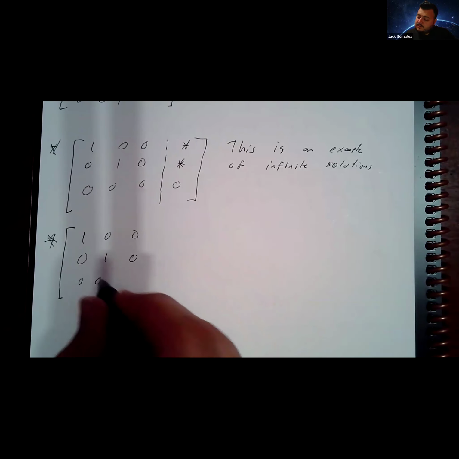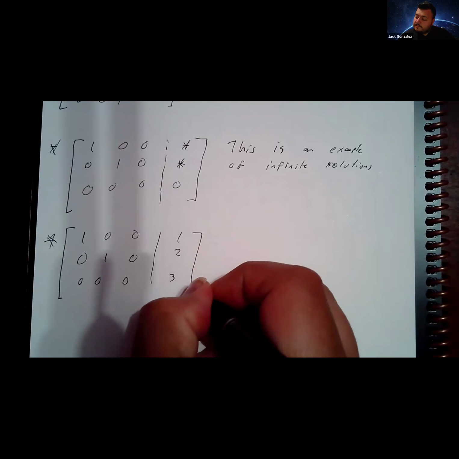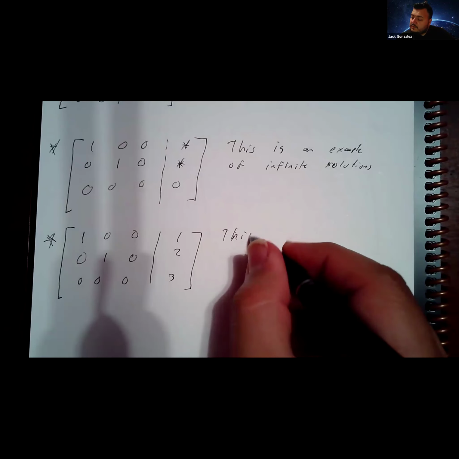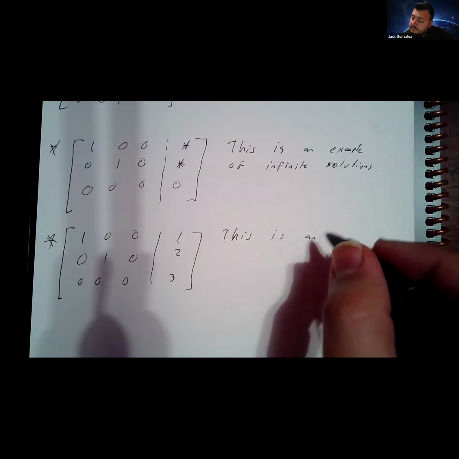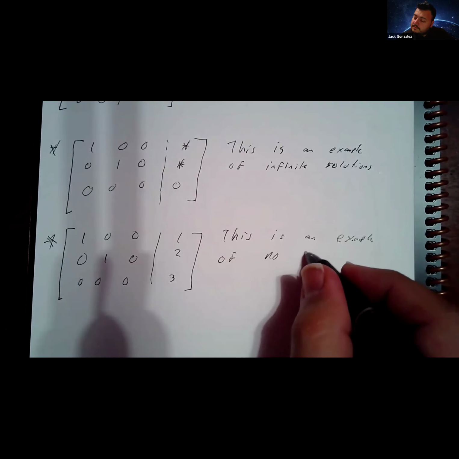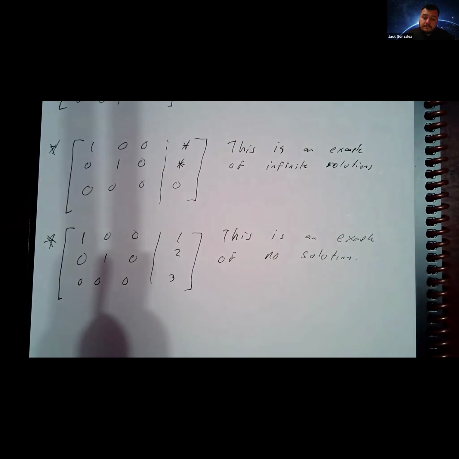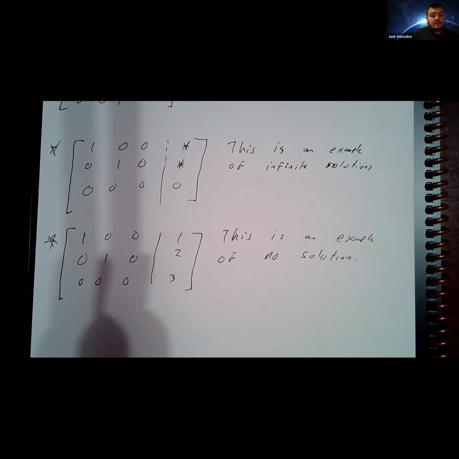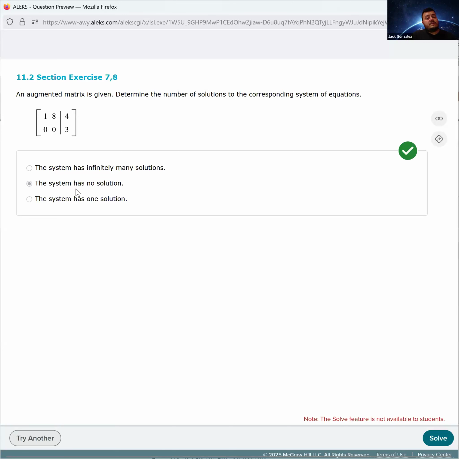Now, if you have zeros and then a number, let's say I have 1, 2, 3 here, this is an example of no solution. Okay. And then of course I'll send that to you in a little bit. So this one is obviously an example of no solution.